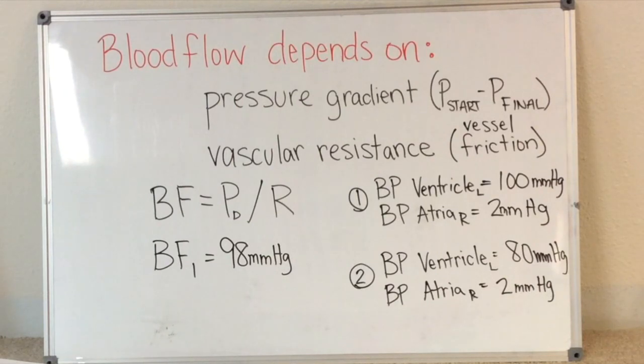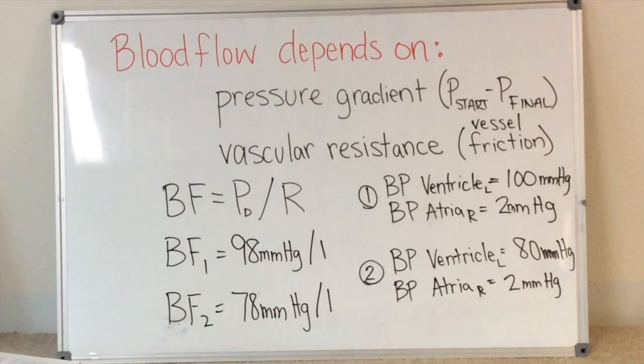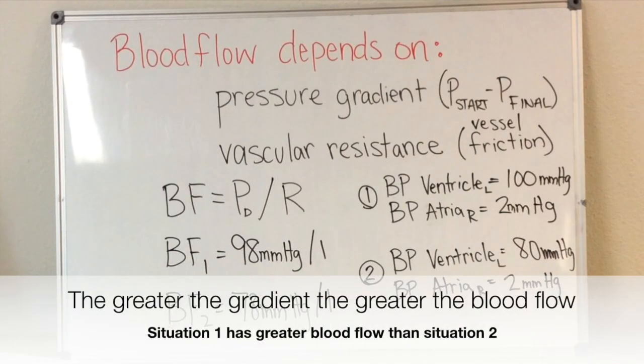This would result in a pressure gradient of 78 millimeters of mercury. If the resistance in both situations was the same, we would say that blood flow in case 1 would be greater than blood flow in case 2 because of the larger pressure gradient.